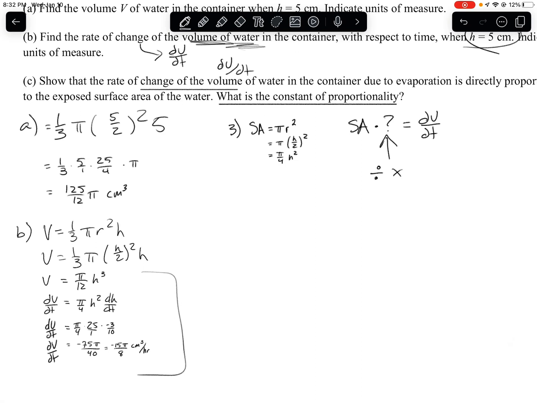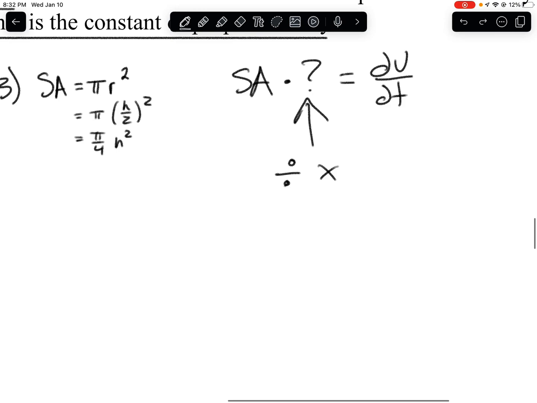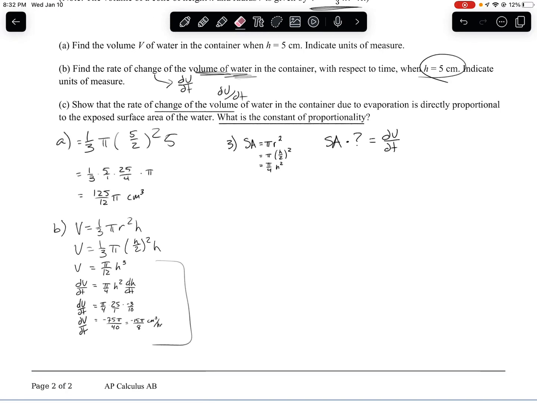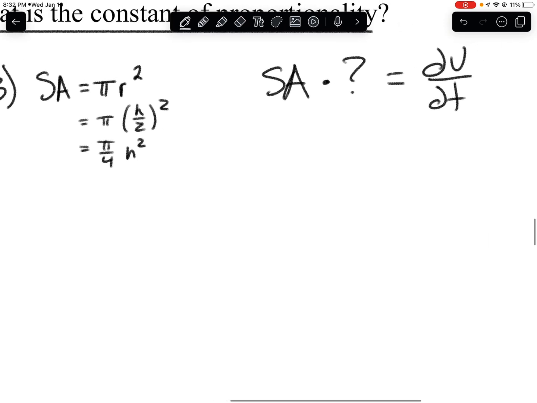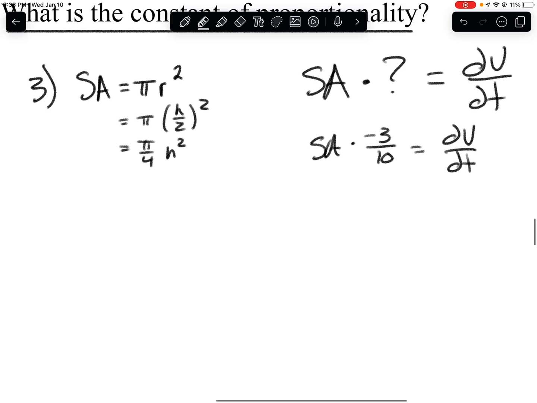Where's my pointer? Whatever. I need to find this, and I can see I have that right here. It's surface area times dH dt. So literally, my constant of proportionality is that -3/10. I know that my surface area times -3/10 is going to equal dV dt.